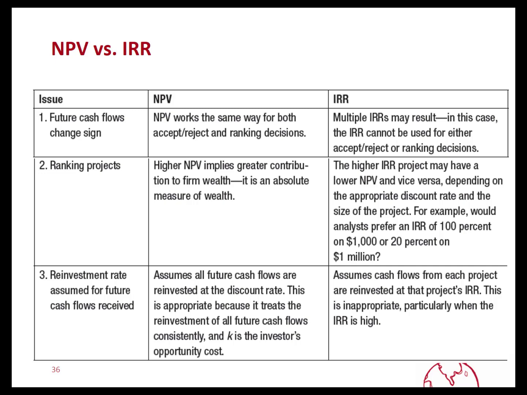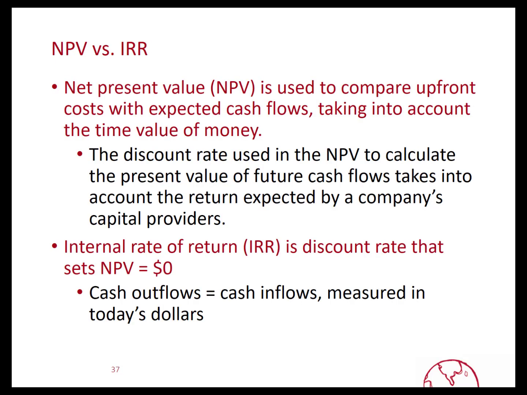It's also going to be easier to rank projects using net present value than with IRR. So net present value is used to compare the upfront costs with the expected cash flows, taking into account the time value of money, whereas internal rate of return is a discount rate that is going to set the net present value equal to zero.